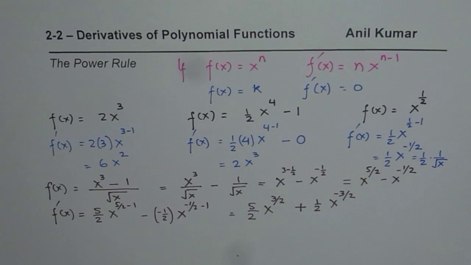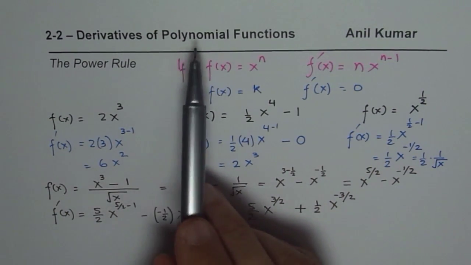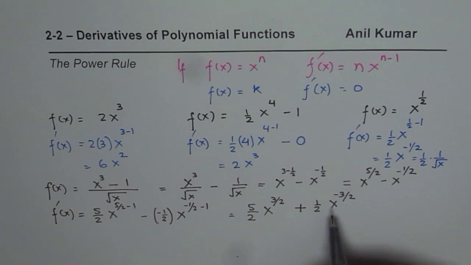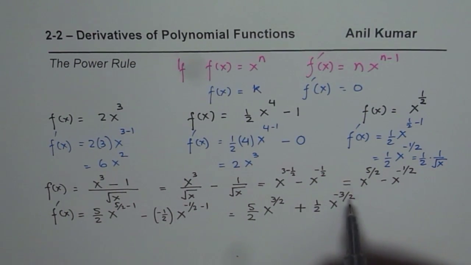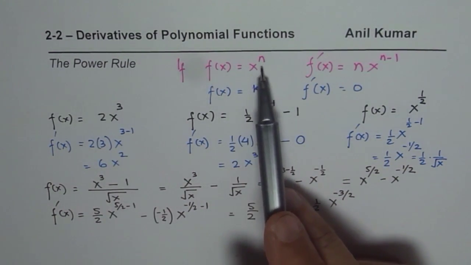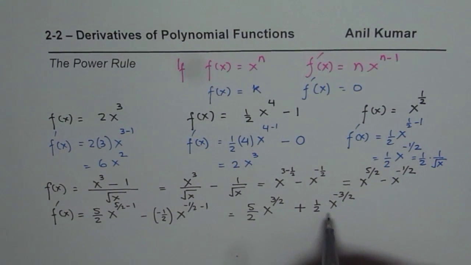So likewise, you could simplify an expression which is like this. It's not a polynomial. I've written polynomial here since the chapter says that, but actually we are dealing with just the powers, and we are not dealing with just integers, we are dealing with rational exponents at present. So that is how you could do it.